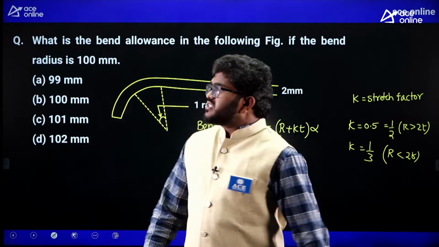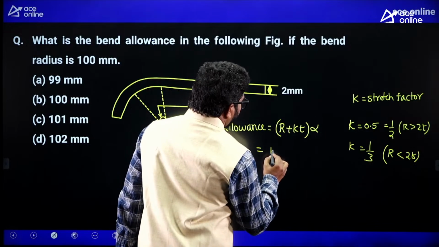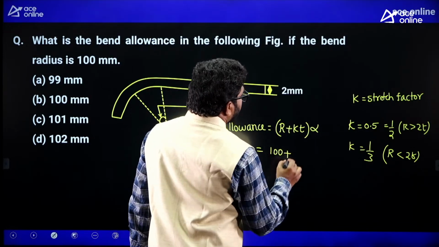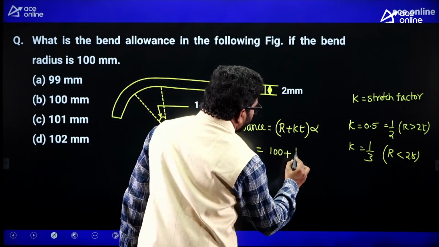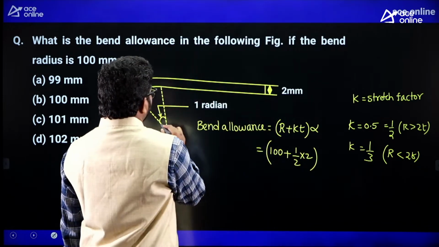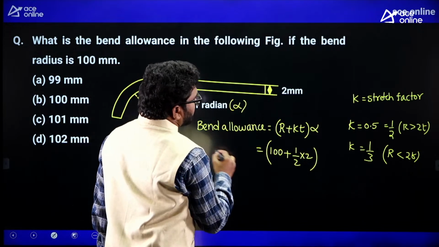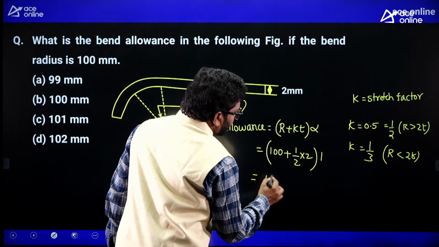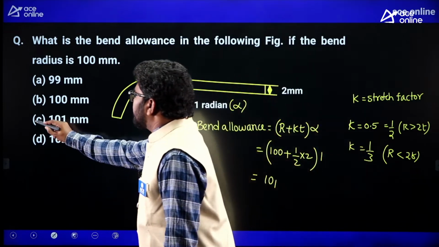Okay, so in the question, bend radius is given as 100. K equal to 1 by 2, you should remember that. And the thickness is 2 mm. So 1 by 2 into 2 into 1 radian, bend angle is given as 1 radian in the question. So the answer will be 101. Straight answer, no need of a calculator.